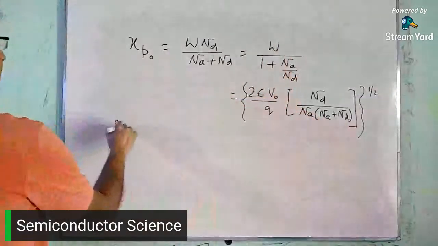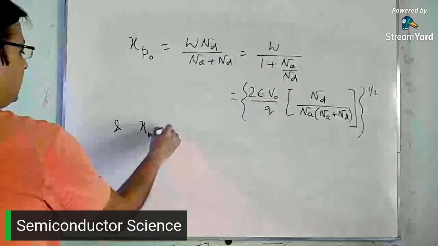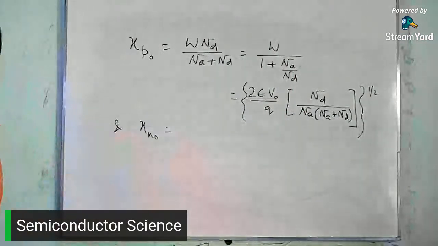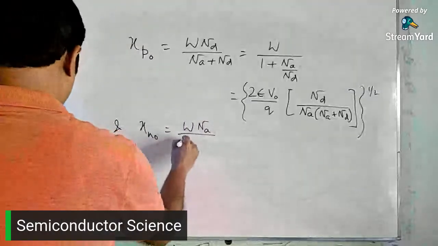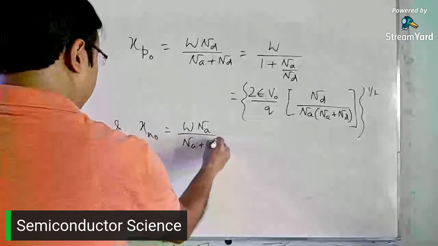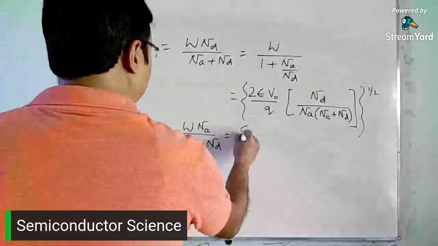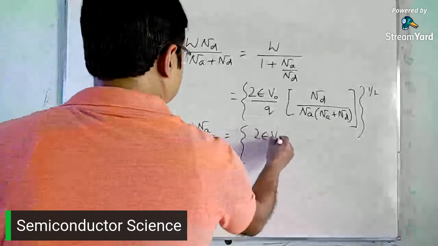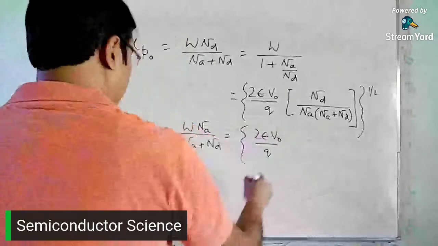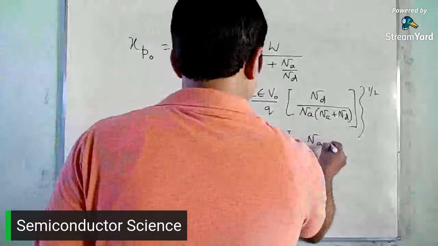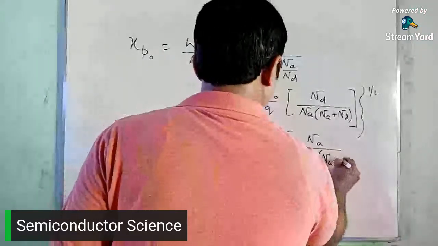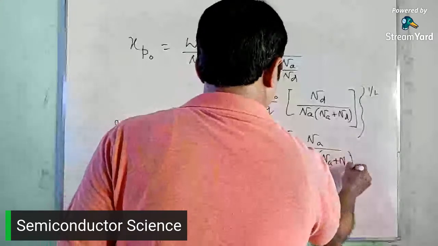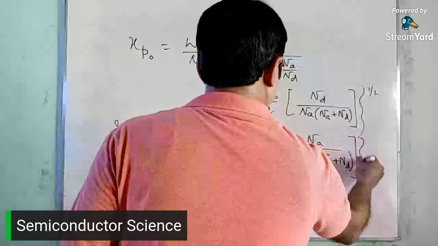And xn0, you have to remember these values, is W into Na by Na plus Nd, and that is equal to twice epsilon V0 by q into Na by Nd into Na plus Nd, whole to the power half.